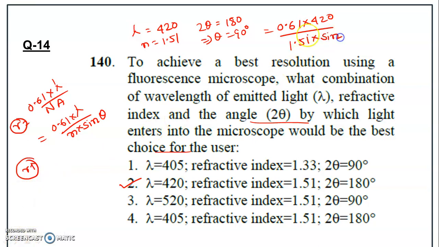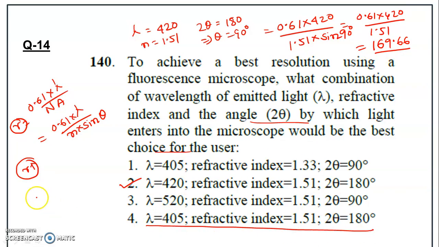Sine 90 equals 1, so 0.61 into 420 by 1.51 will come to almost 169.66.